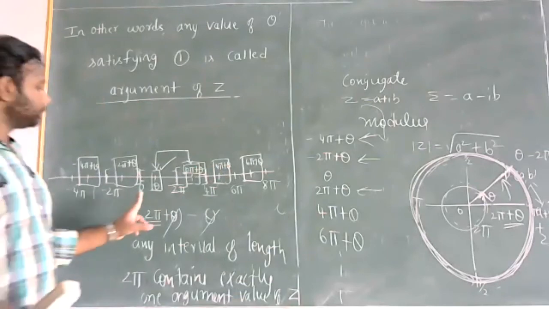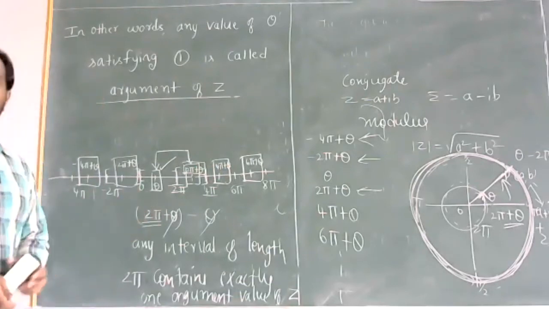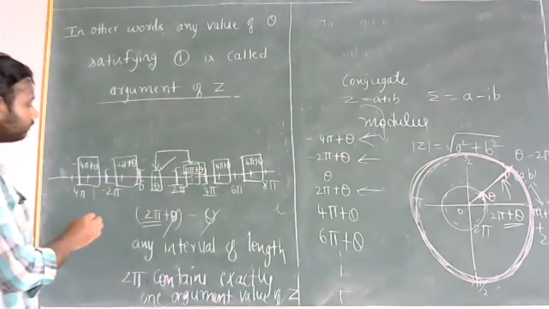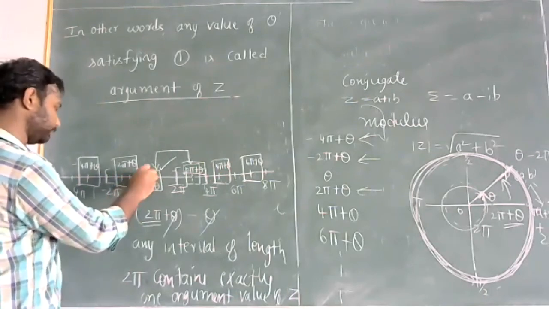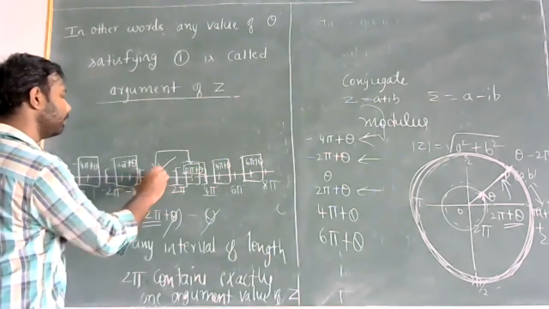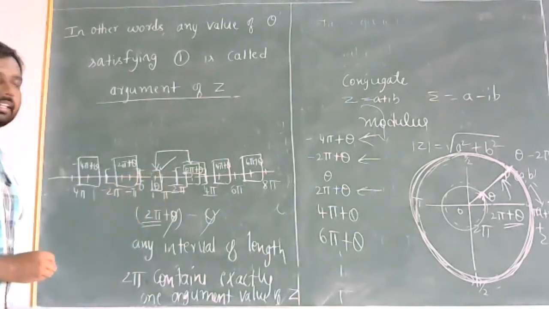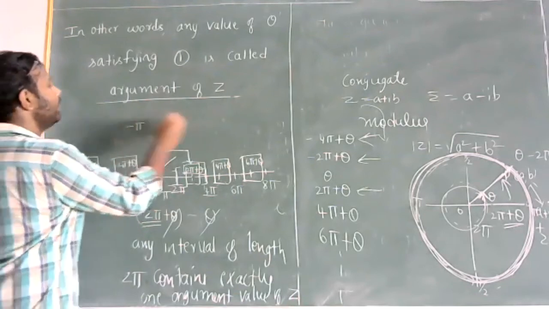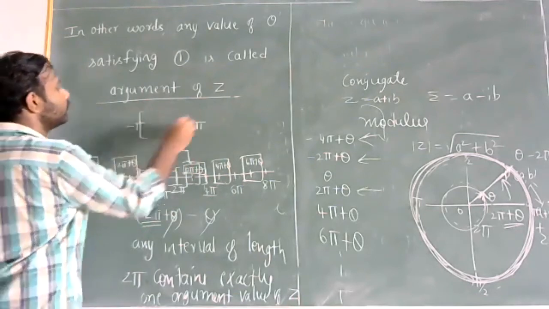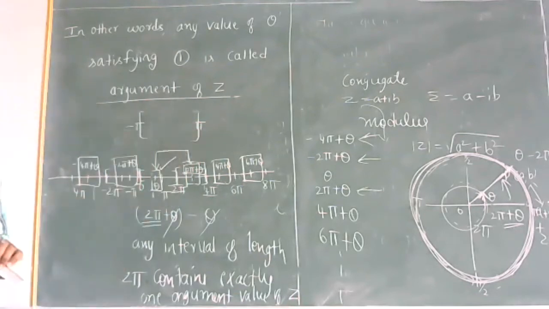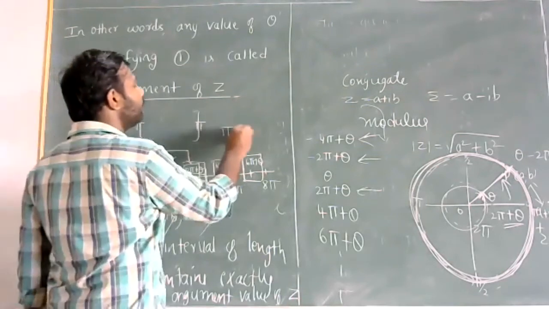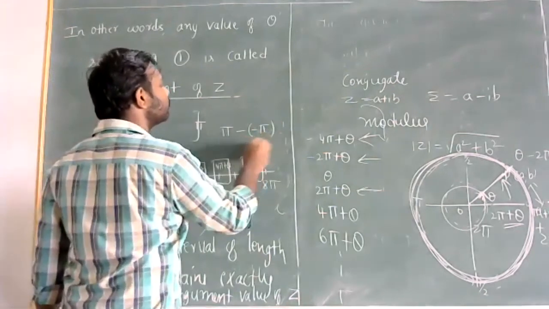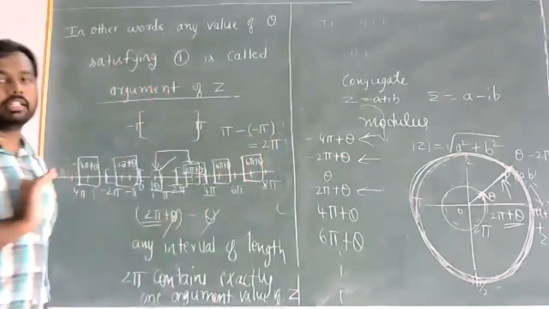Next, I'll consider the interval minus pi to pi. What is the length of this interval? Again, upper limit minus lower limit, so the length of this interval is again 2 pi.